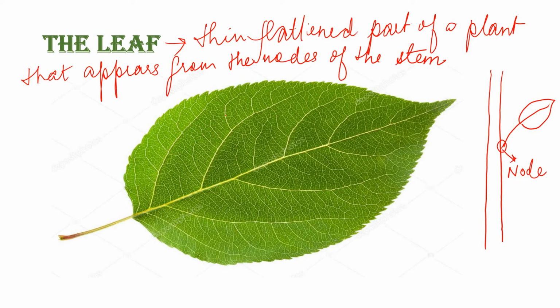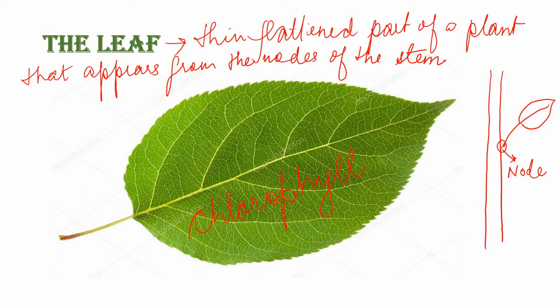Can you see that the color of this leaf is green? So what makes the leaf green? It is due to the presence of a green pigment called chlorophyll.